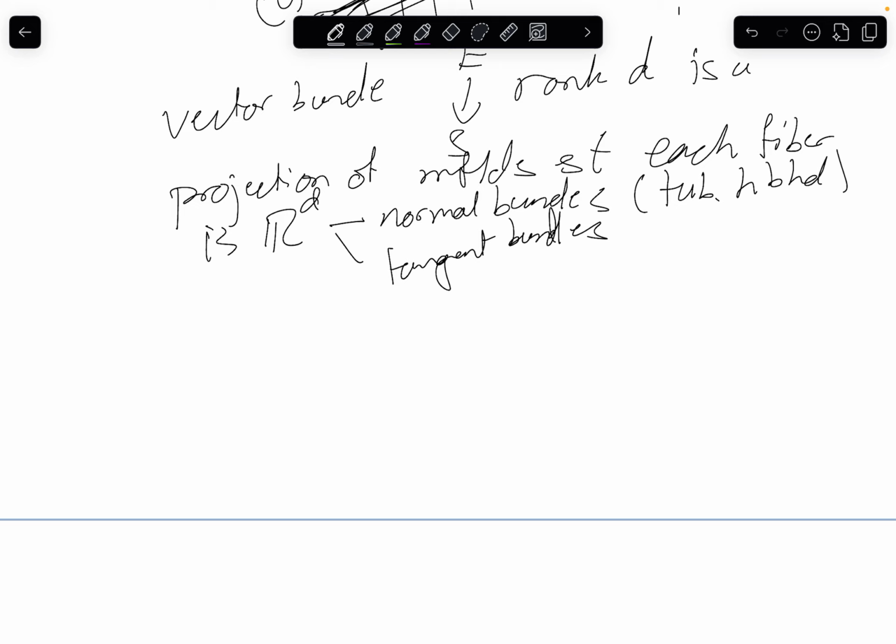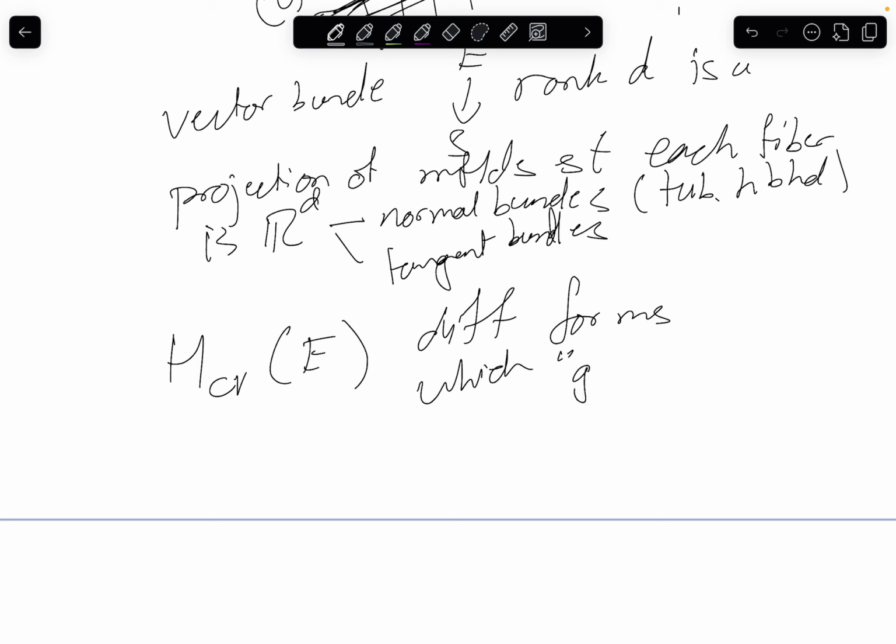So what you can do when you have such a situation is consider something called cohomology with compact vertical supports. I'll denote this as H_CV of E. And this is the same thing, except you can only consider differential forms which go to 0 as you go to infinity in the fibers.